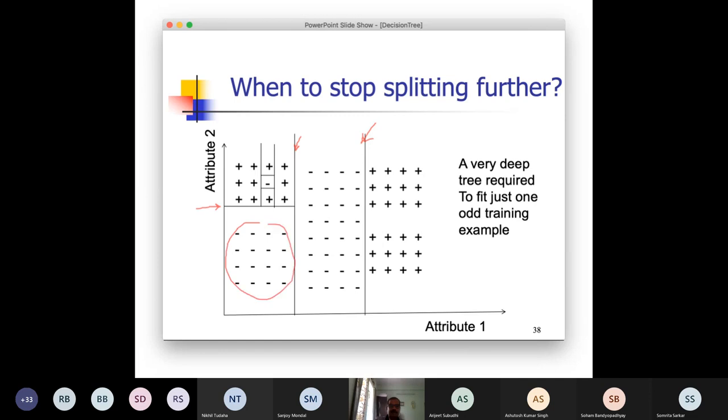So you need to expand this, as I mentioned. Maybe the splitting is here or here. So maybe we may consider the next point of splitting here. So this is a pure node. Once again, you are going to split this node, and there you may find here is the splitting. And then you are going to split this region, because the other region is pure.